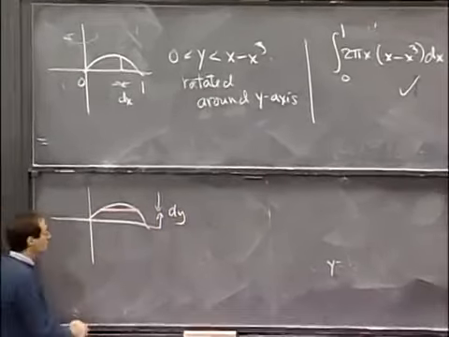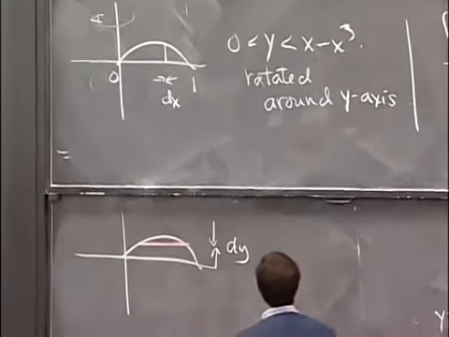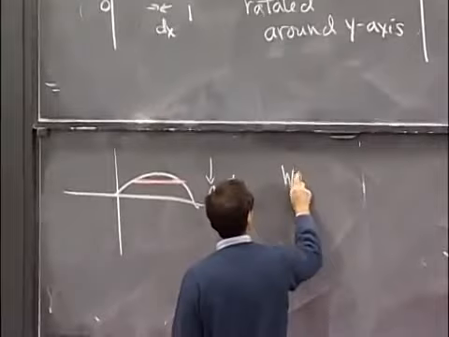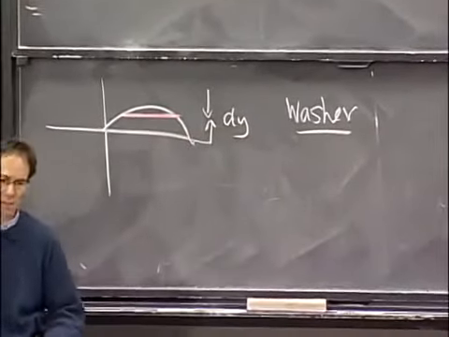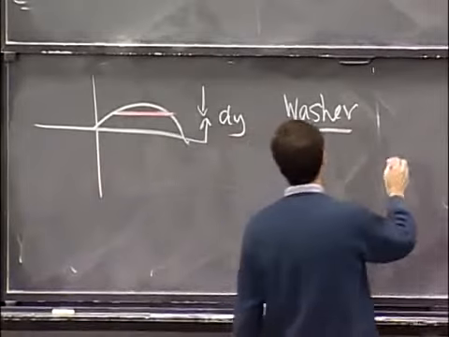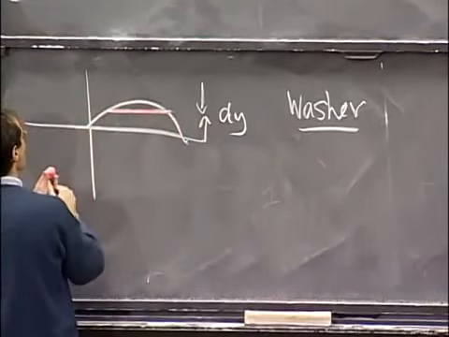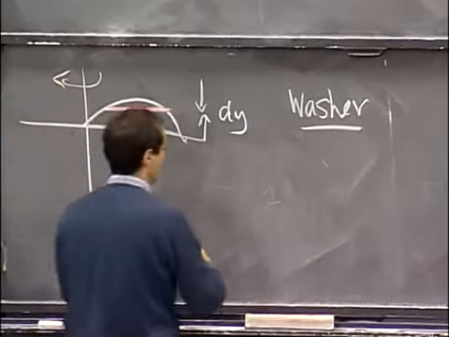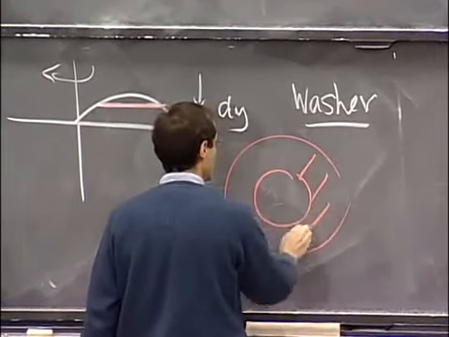And then when you sweep this around, you get what we call a washer, which is really just the difference of two disks. So the shape here is this thing swung around this axis. And it looks like this.